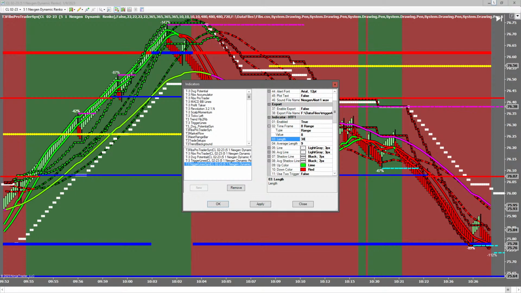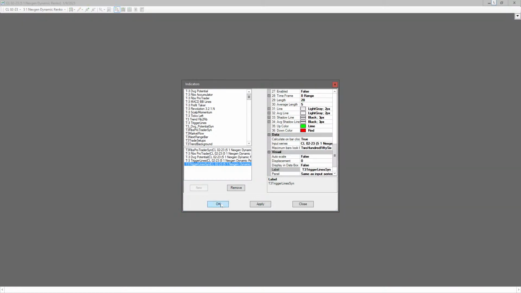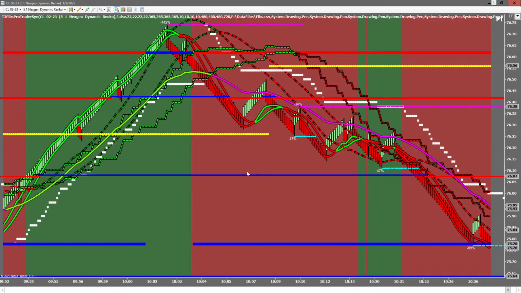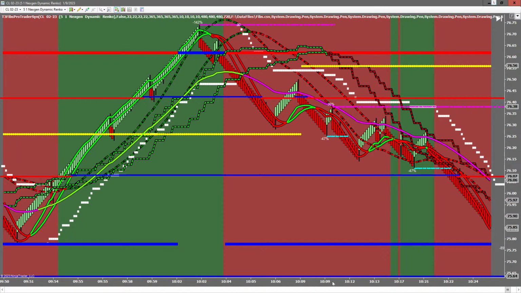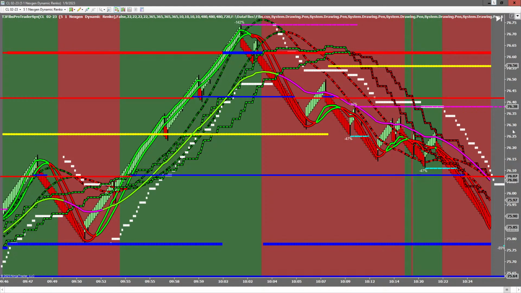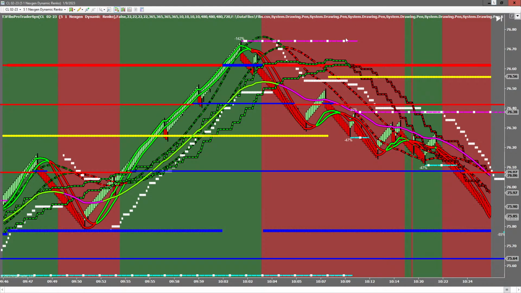So this is 13-2 large triggers. This is going to be 8 range large triggers. So I just switched the number. It's not that much different. It's a little bit different. But now the 8 range large triggers are still going up. Should I really be going short?